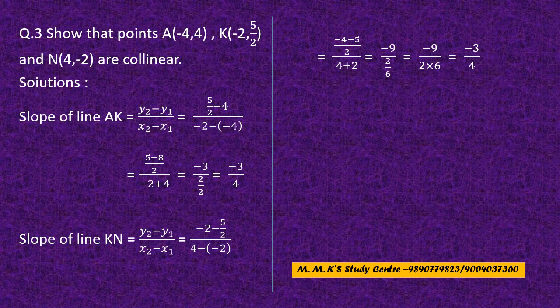Now here 2 is there and the denominator is 1, so the LCM of 1 and 2 is 2. That's why multiply and divide this 2 by 2. So 2 into 2, 4.